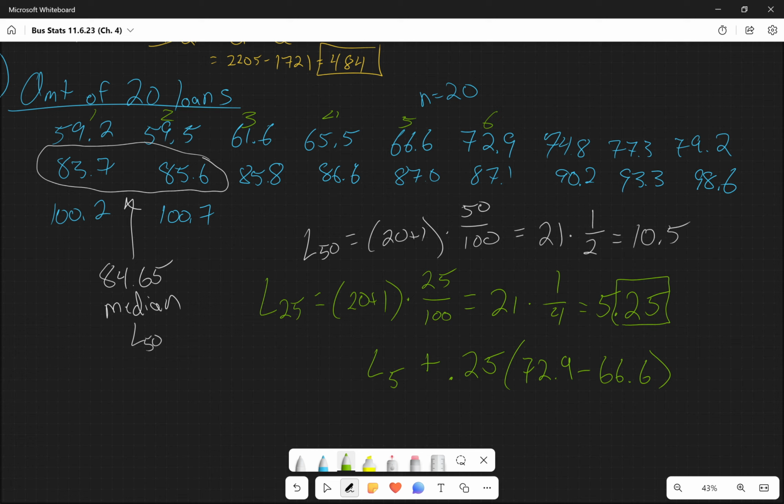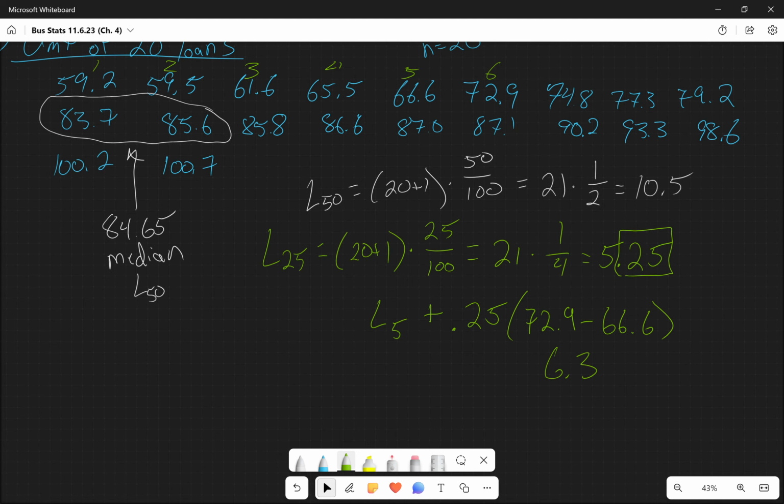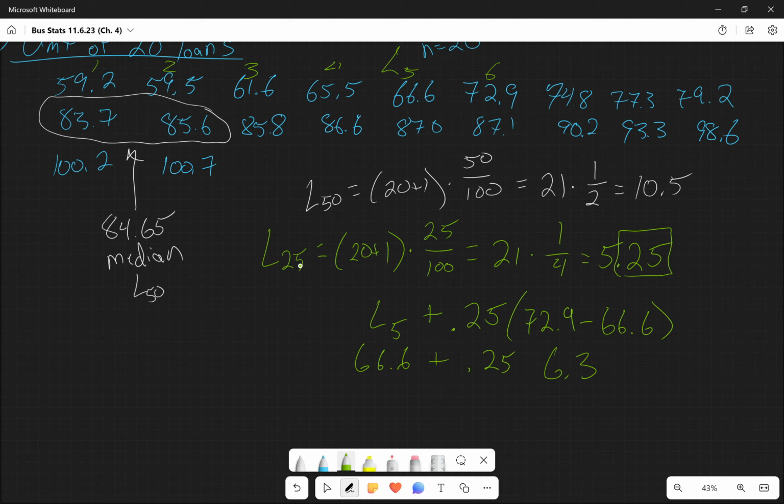So 72.9 minus 66.6 gives us 6.3. 6.3 times 0.25 gives us, oh, this is 66.6, sorry, because of the L5 here. So this is plus 0.25 times 6.3.